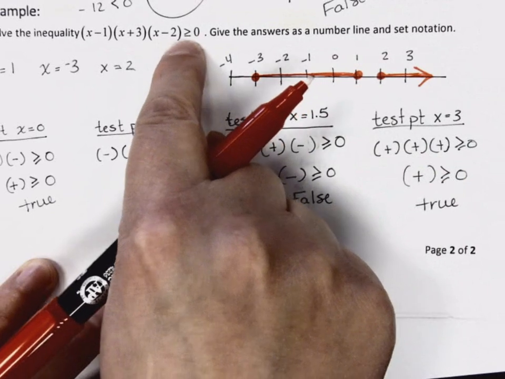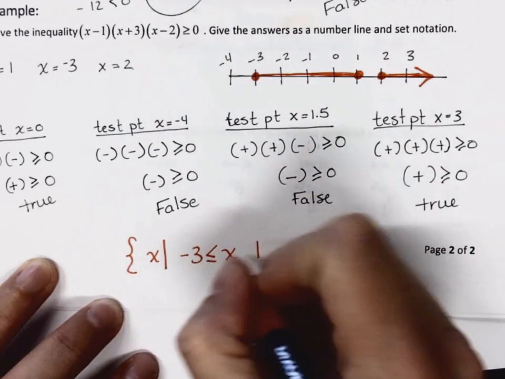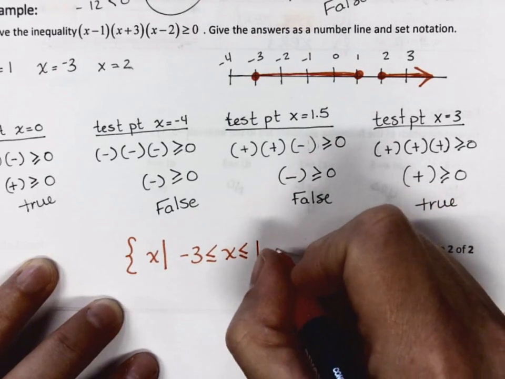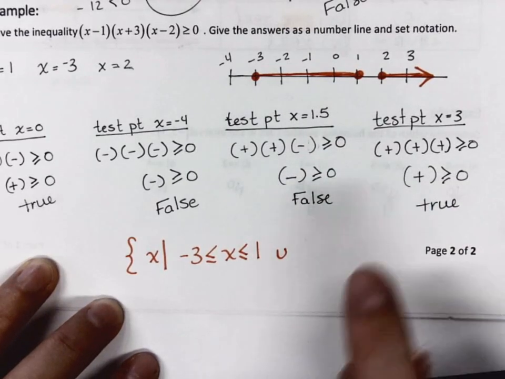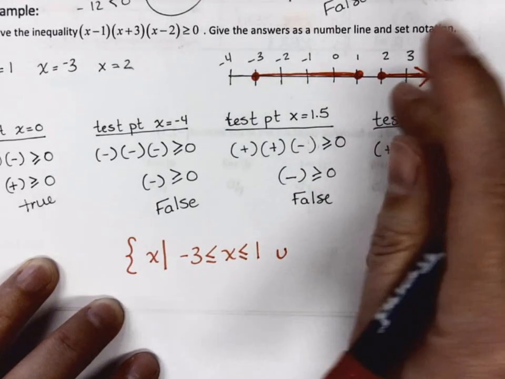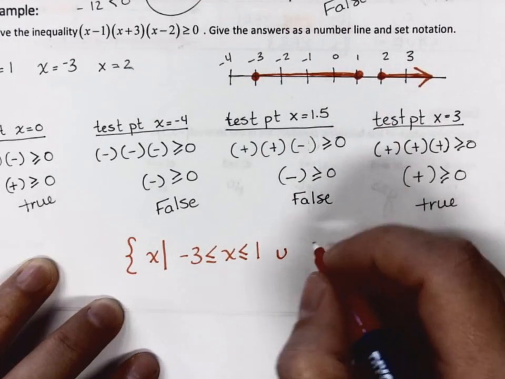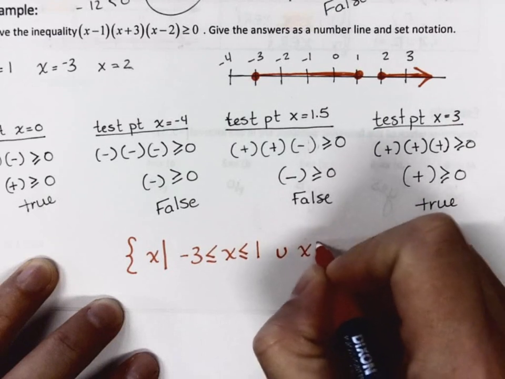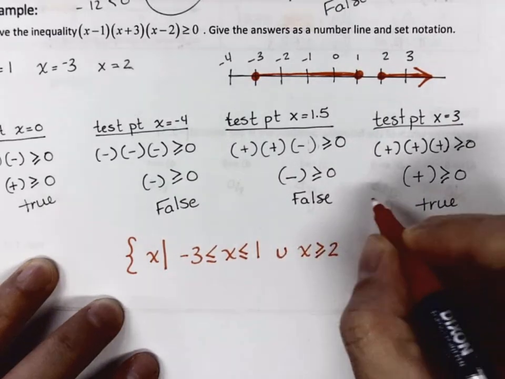We know that our inequality has an equal to sign, so it always points to the left. And that's in unison with this other section, lower limit on the left. But really what we're saying is x can be any value greater than 2. So x can be greater than or equal to 2.